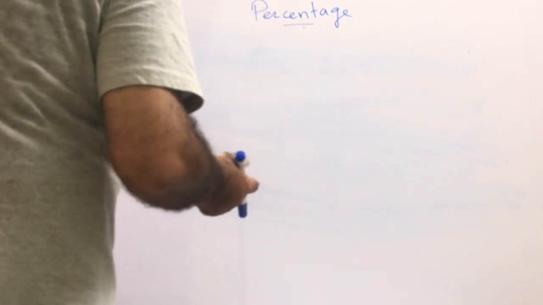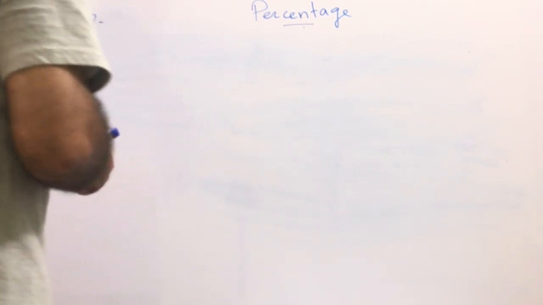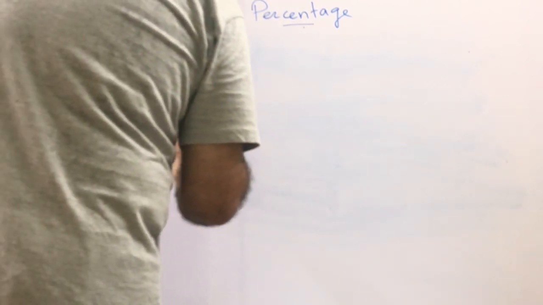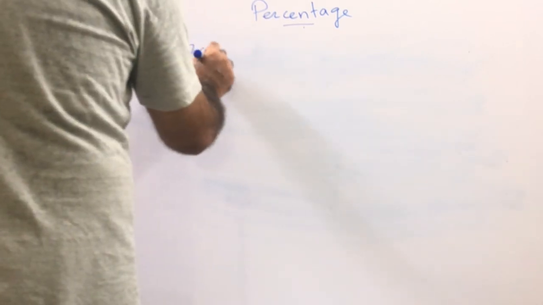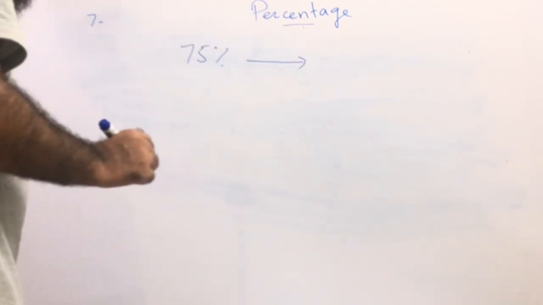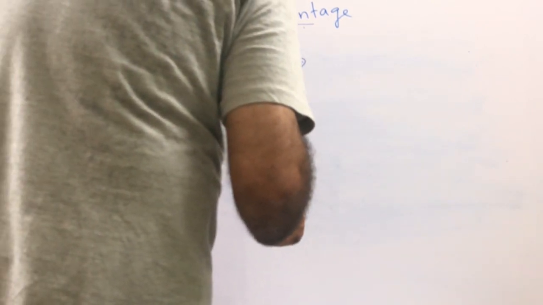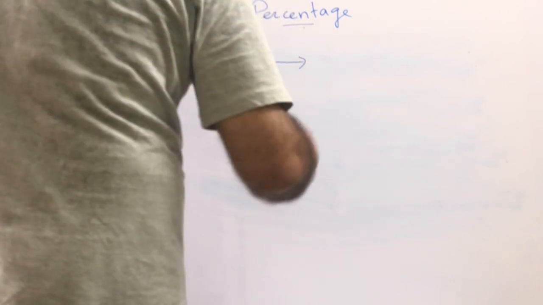We can do it in two ways. One way is that he travelled 75% of his journey on the first day, which is equal to 324 kilometers.